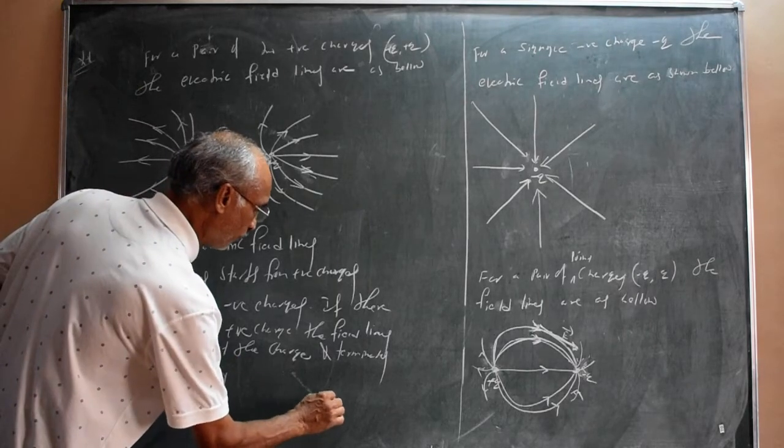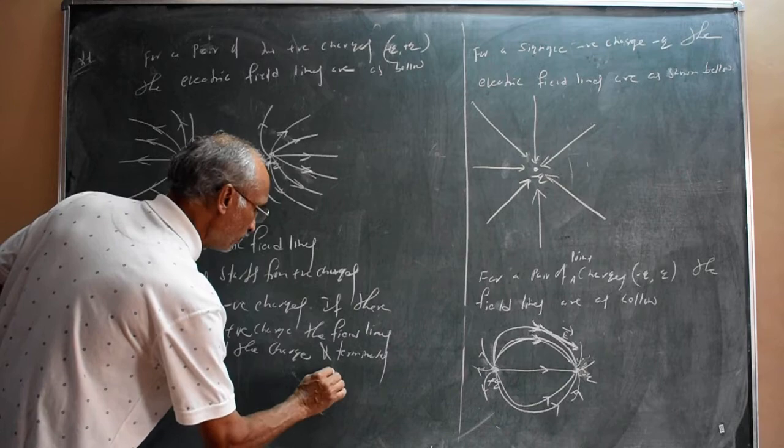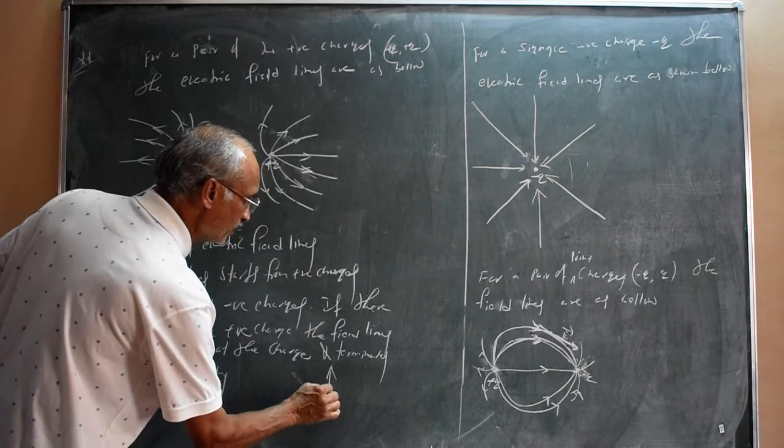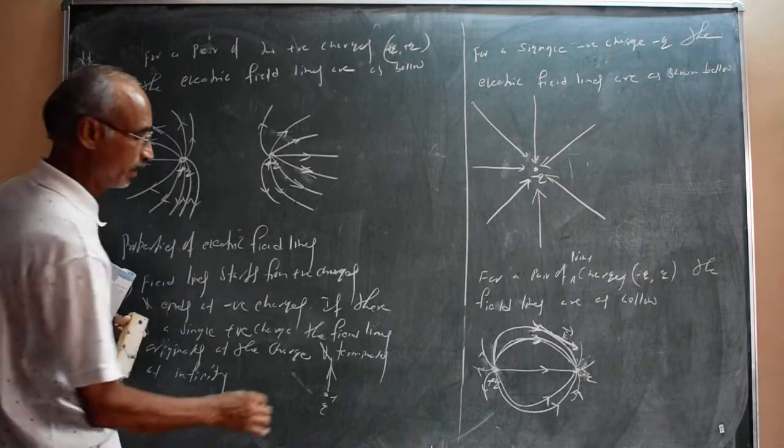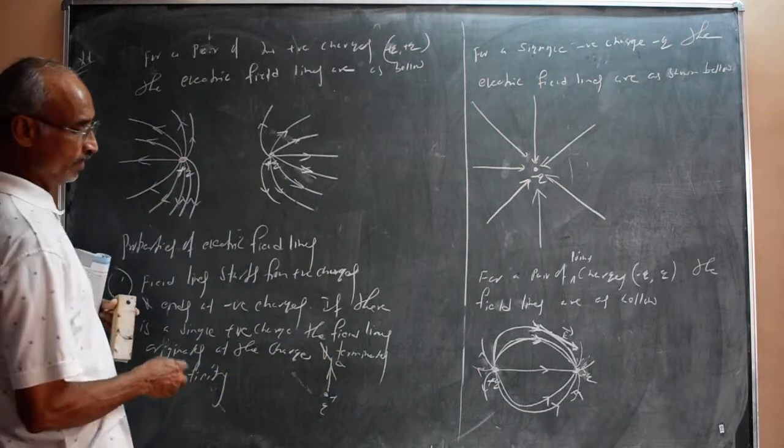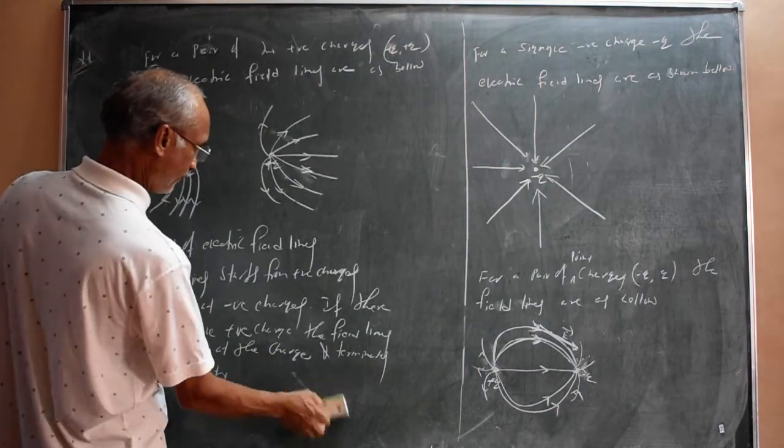This is the single positive charge: it starts at the charge and terminates at infinity. That means the field lines extend up to infinity. Up to infinity the field lines can be extended.